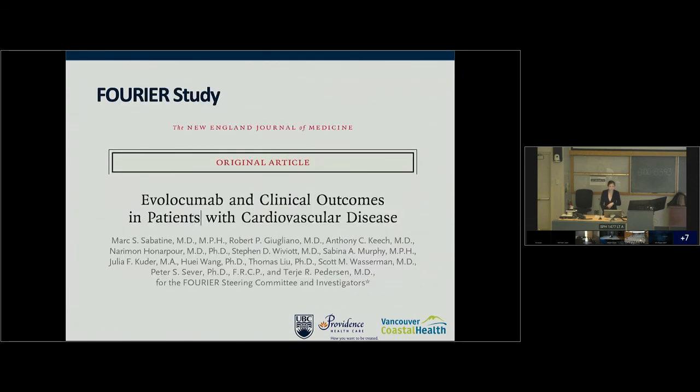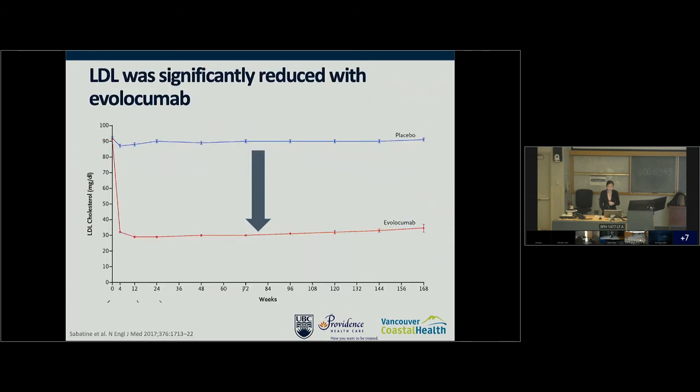So one of the biggest studies about PCSK9 inhibitors and outcomes in cardiovascular disease is the FOURIER study, looking at the PCSK9 inhibitor Evolocumab, which significantly reduced the LDL in this population.